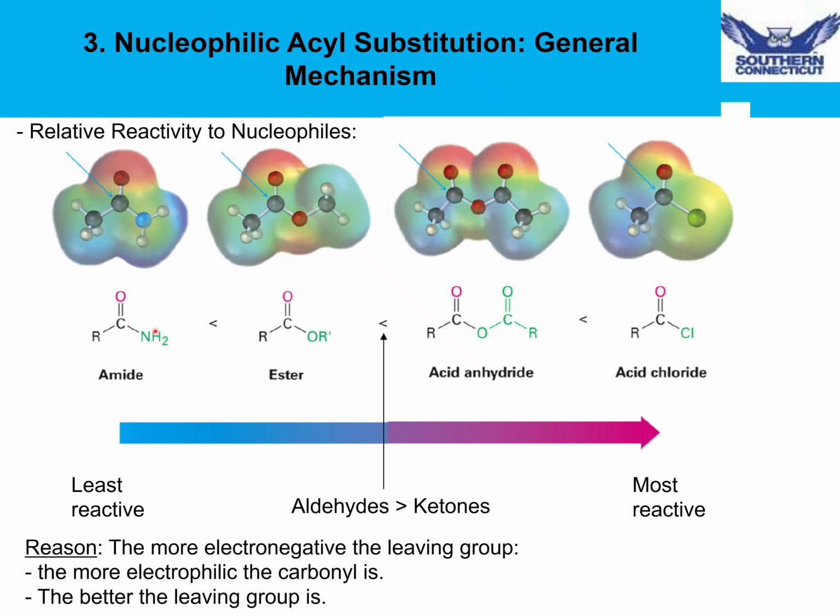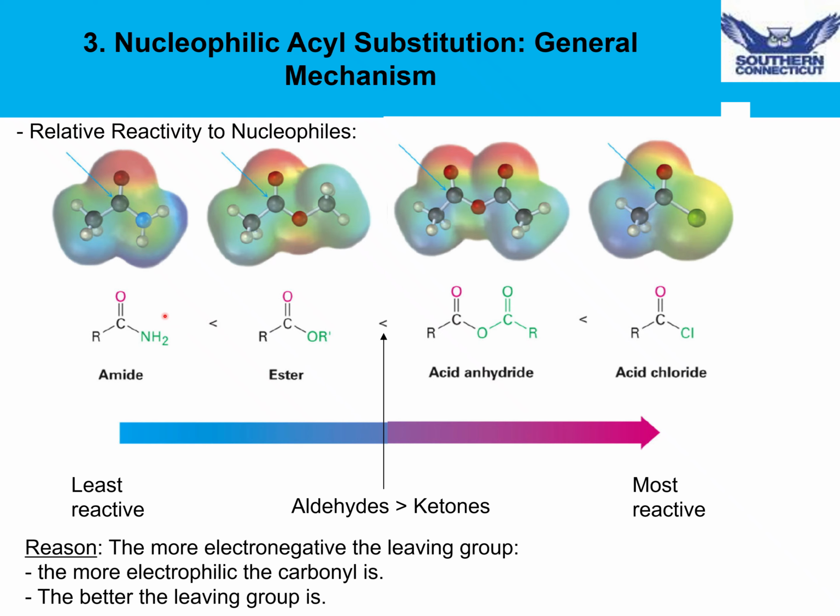Now, the trend that we observe on this chart here is due primarily to how good of a leaving group we have. Generally, acid bromides and chlorides have really great leaving groups. Then anhydrides have a pretty decent leaving group. Esters don't have as good of a leaving group.